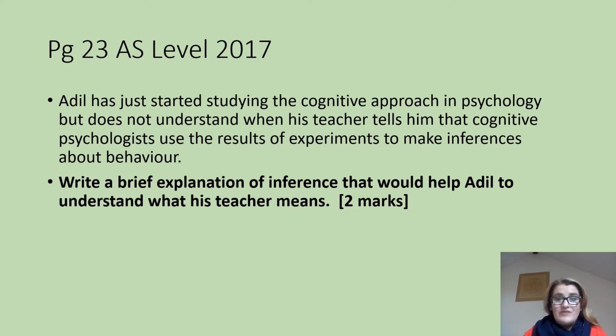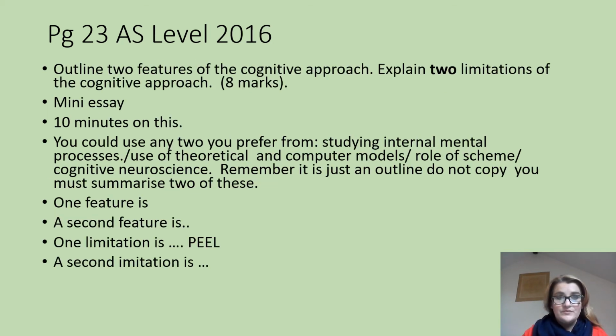So write a brief explanation of inference that would help Adil to understand what the teacher means. So just explain, as if you're speaking to Adil there, what inferences are. Okay, use your booklet to help you with that one.